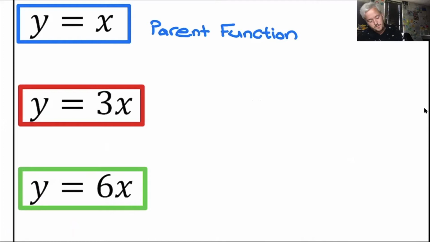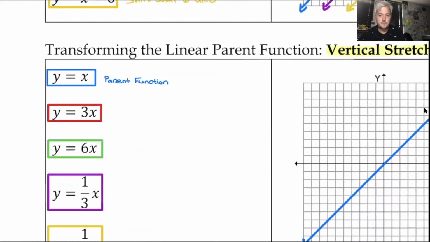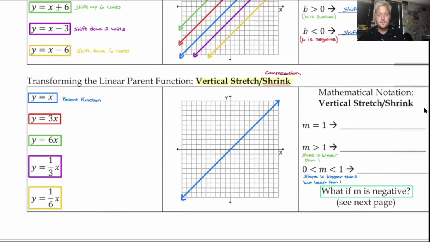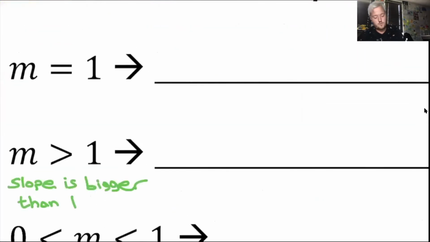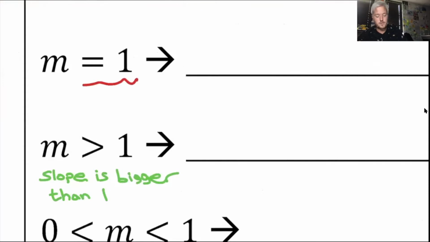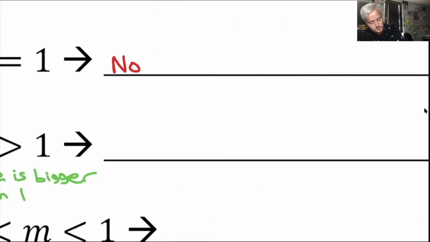So over here, actually, backtrack, you need to go over here first. Okay, so if your M value is equal to 1, so this is what's in your parent function, this would be no stretch or shrink.